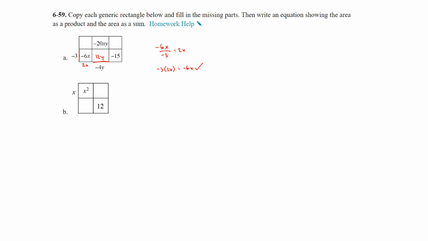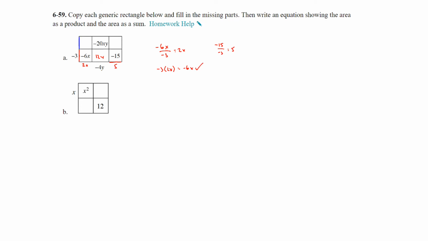And then kind of the same thing on the last one we just did is -3 times this side length gives us -15, or -15 divided by -3 is what? And that's 5. So if I make this 5, -3 times 5 is -15. Now, we need to figure out this side length to be able to figure out the other two areas.